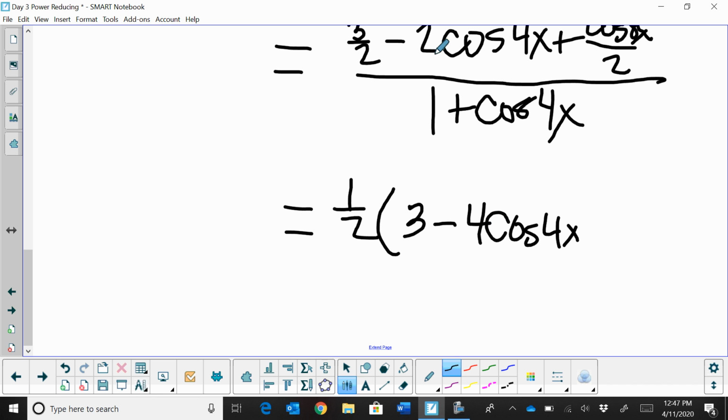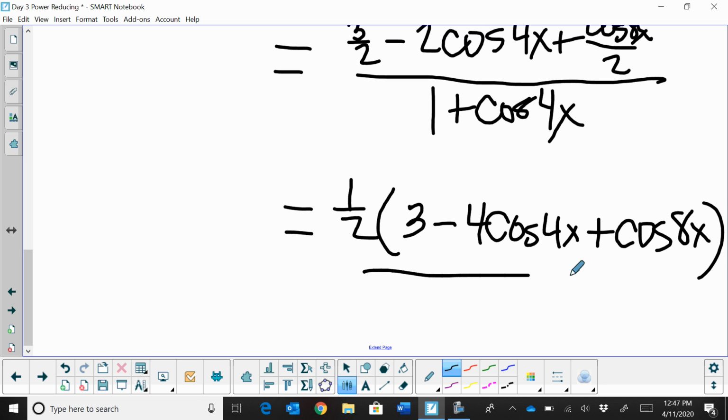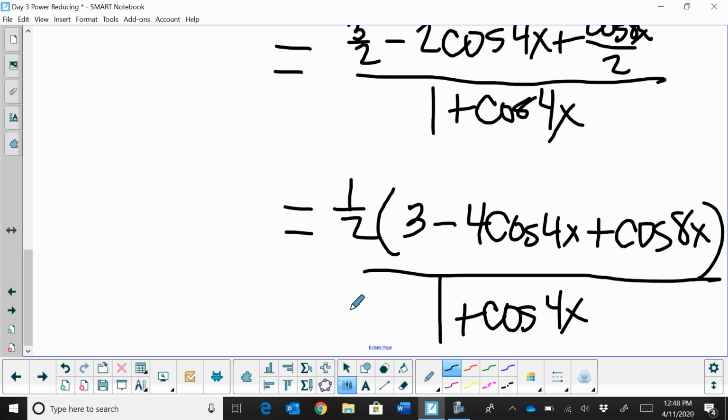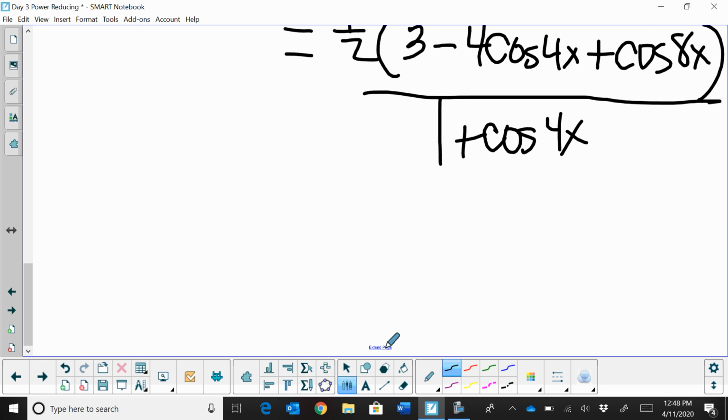Half of 4 is 2, okay? Plus cosine 8x, all over 1 plus cosine 4x. Well, isn't having this 1/2 the same as having it on the bottom?